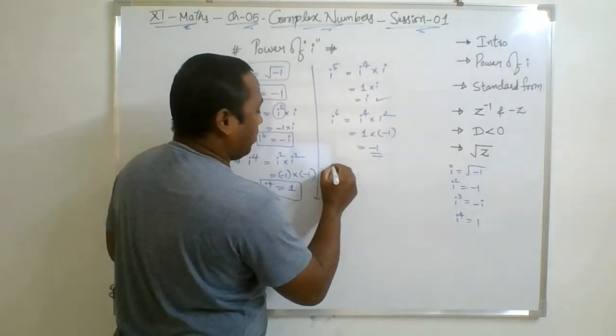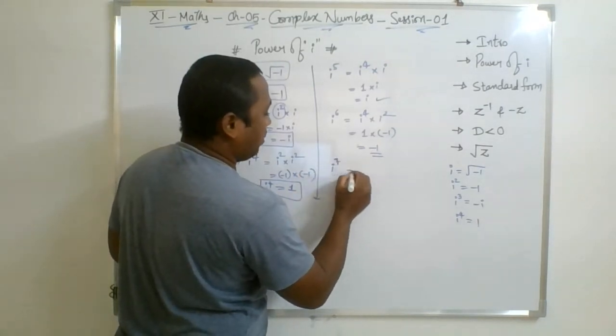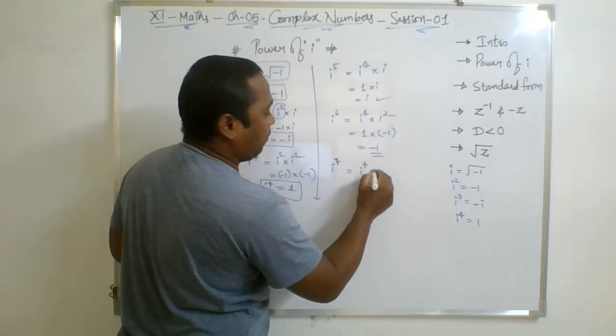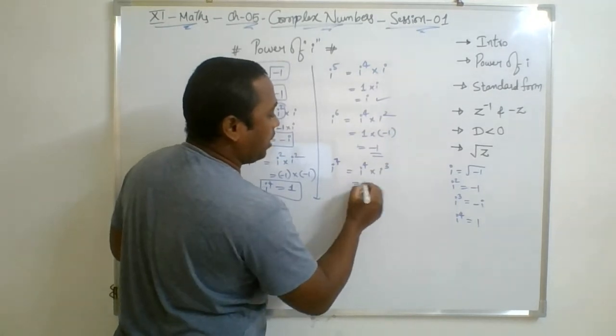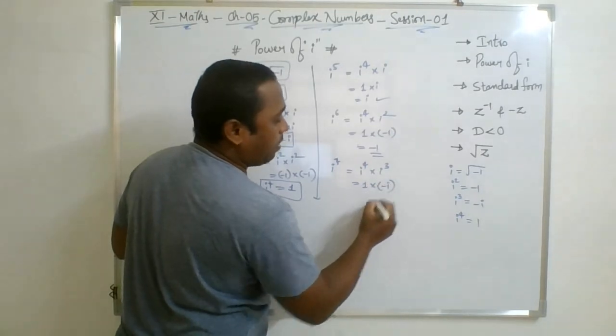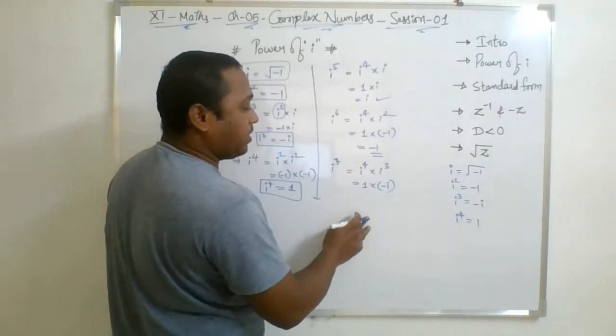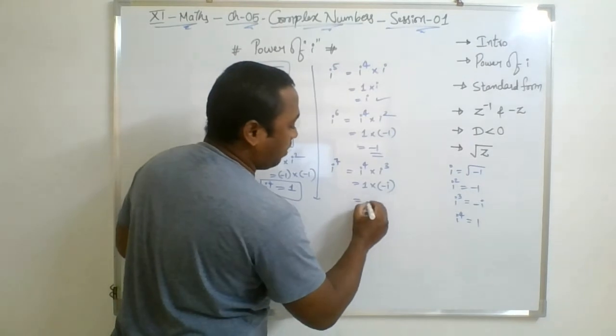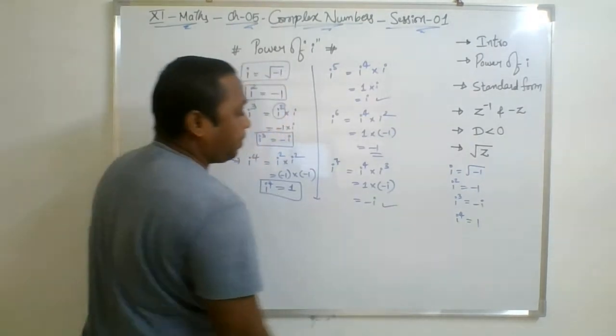i power 7. It's simply i power 4 into i cube. i cube is minus i, and their product is minus i.